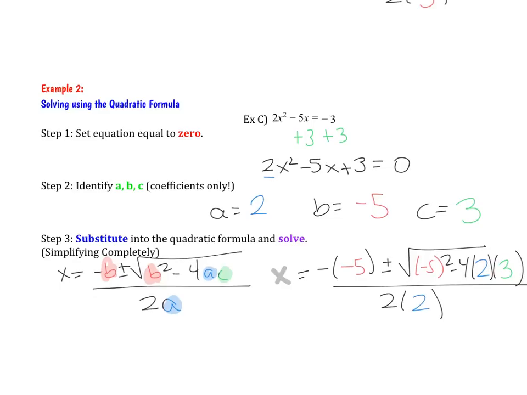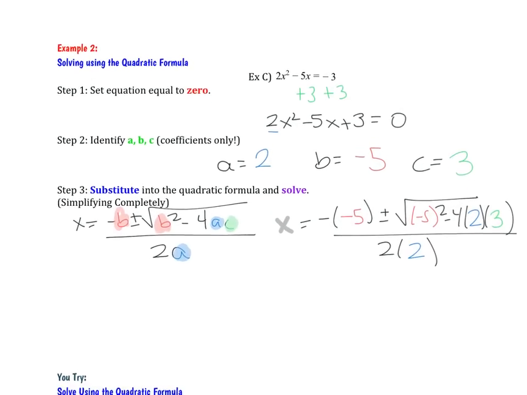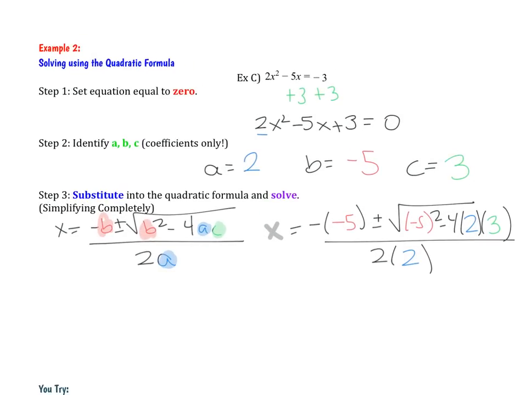Let's start to simplify this now. We have -(-5), so that changes to a +5. So x equals +5 plus or minus, and we need to deal with what's in the square root first. -5 squared, so it's -5 times -5, that equals +25.